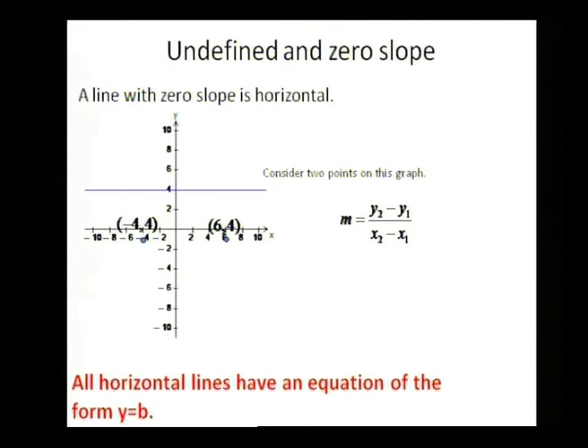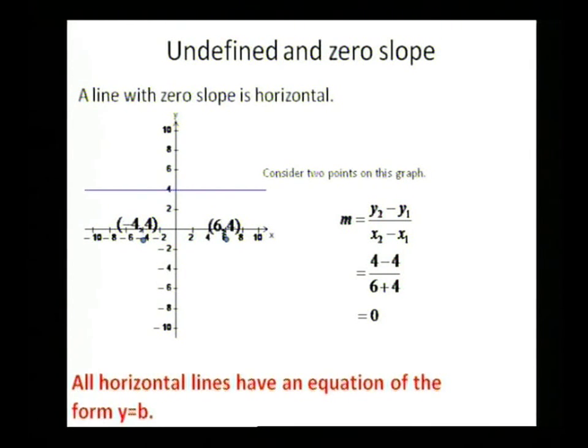If we find the slope of the line passing through (6, 4) and (minus 4, 4), then y2 is equal to 4 and y1 is also equal to 4, so 4 minus 4 is equal to 0, and upon x2 minus x1, that is 6 minus minus 4, that is 6 plus 4. So the slope of the line is 0.